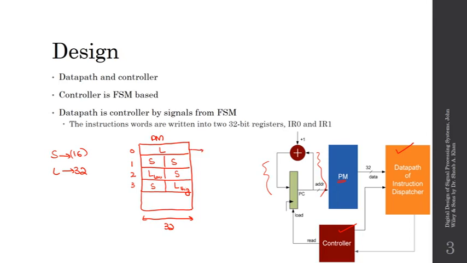That means we need to pick this long instruction and send it to the decode unit for further processing. At the same time, we'll increment this counter so that the next instruction is available to us. But while we get the address for the next instruction, the instruction dispatcher gets the information that the next instruction to be executed is a short instruction. So it will only pick these 16 bits and send them for processing.